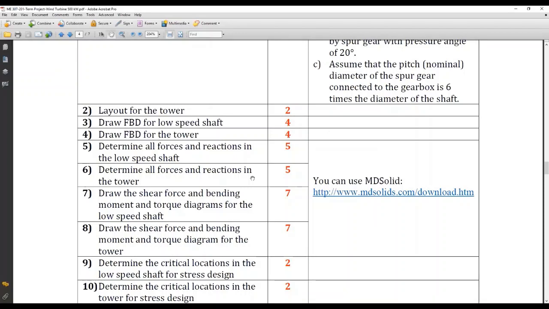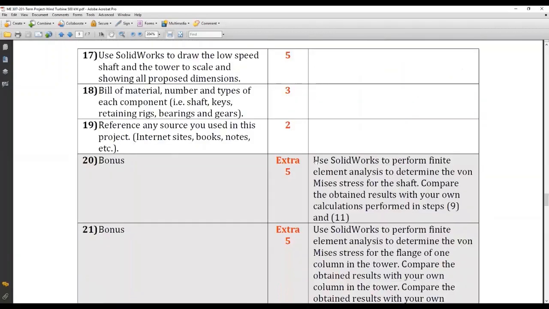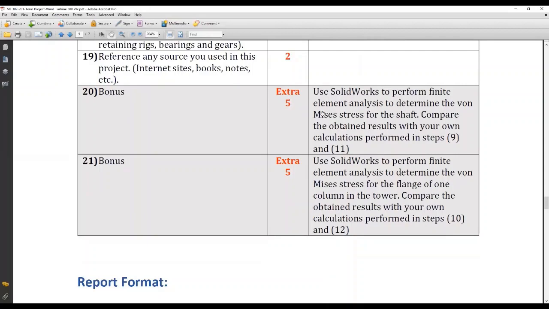And we are actually giving you bonuses for using finite element analysis in SolidWorks.